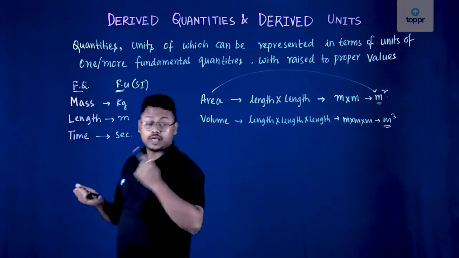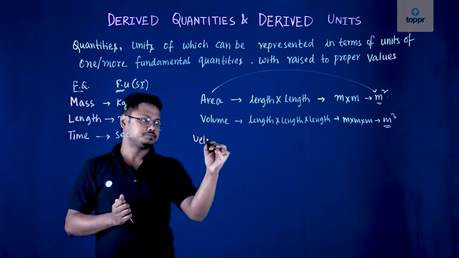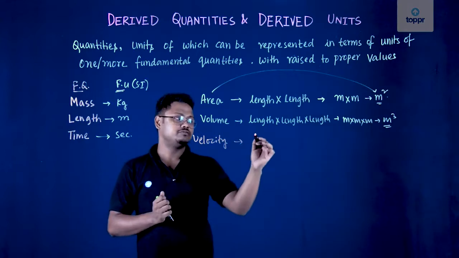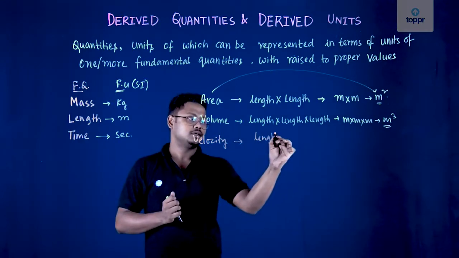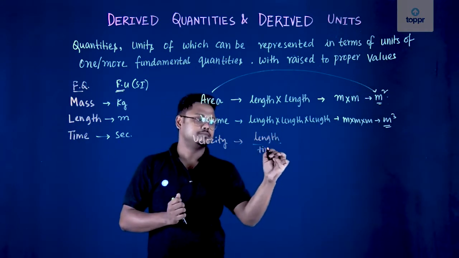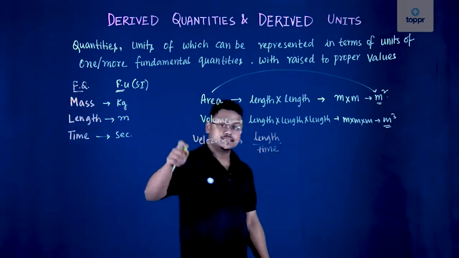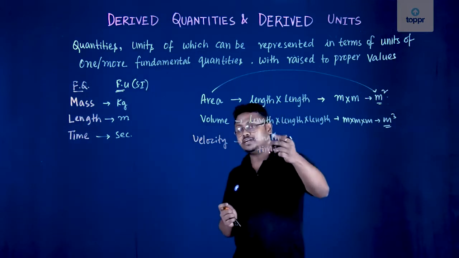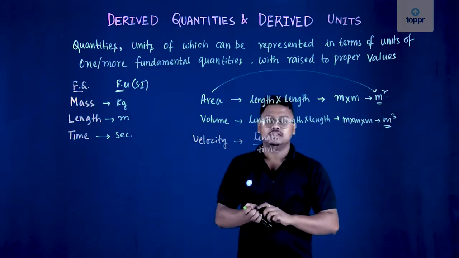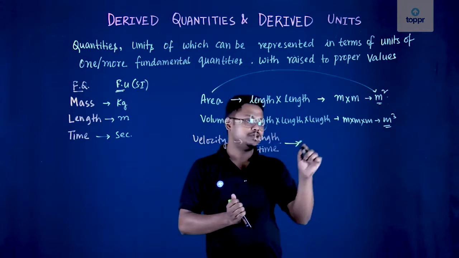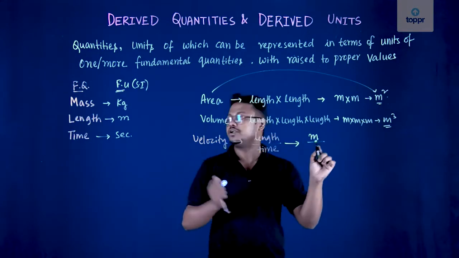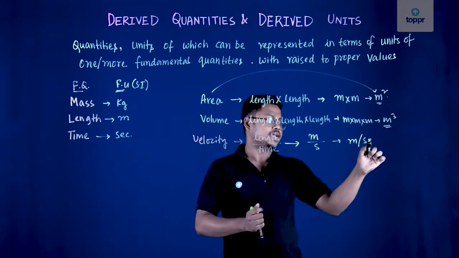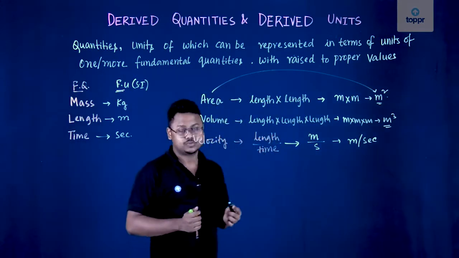Now let's talk about velocity. Velocity has the dimension of length divided by time. In this case, the derived quantity is represented in terms of two different fundamental quantities, right? The unit will be meter, and time has unit second, so its unit will be meter per second, or meter second to the power minus 1.